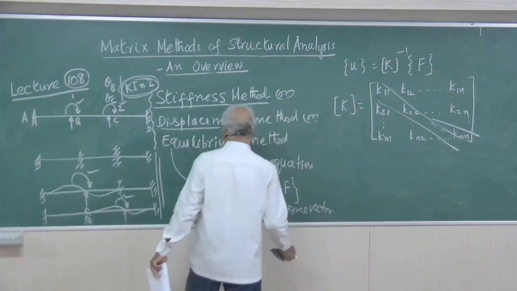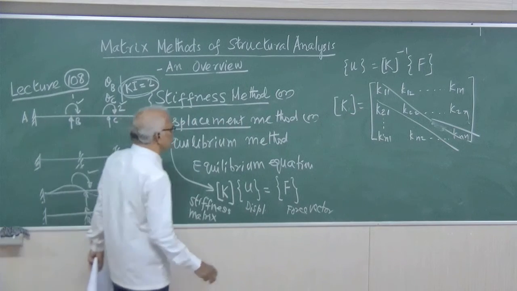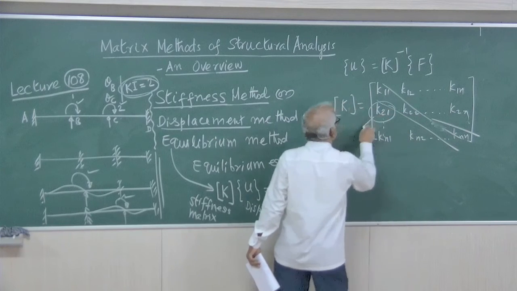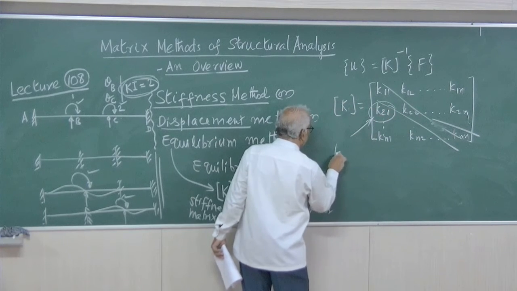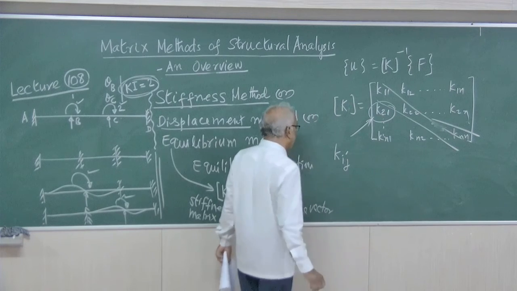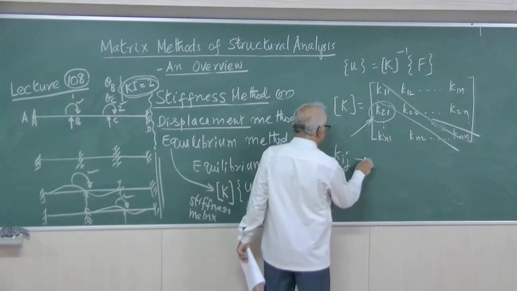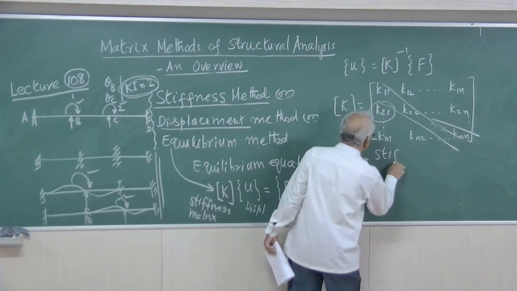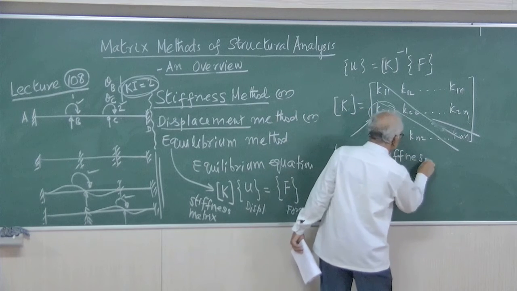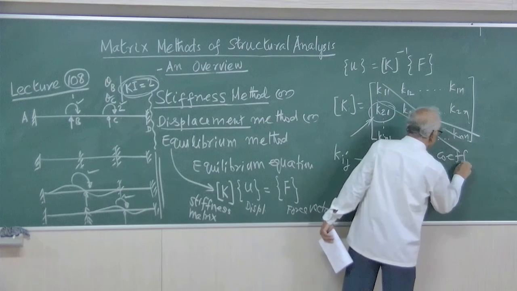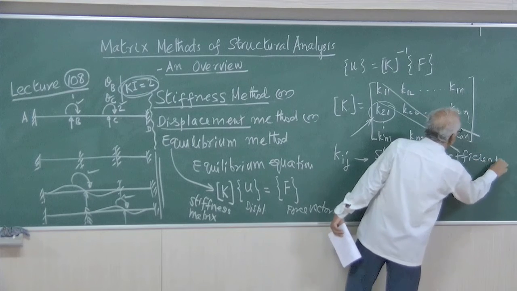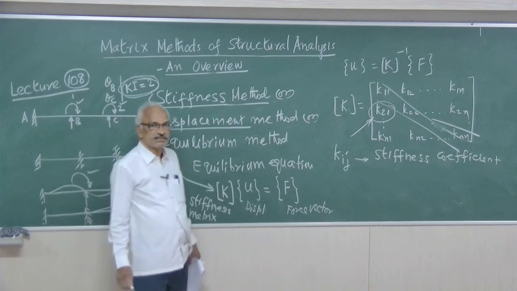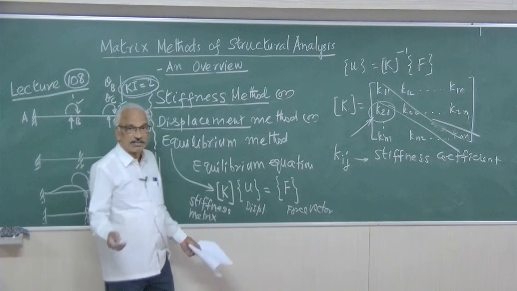Right. Now coming to the definition of the stiffness coefficient, you take any coefficient. This is called Kij in general. Kij is the stiffness coefficient. This is another attractive question for the examiners, either in the examination or in the interview.